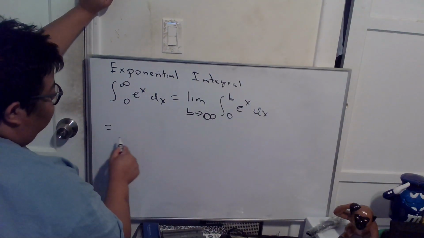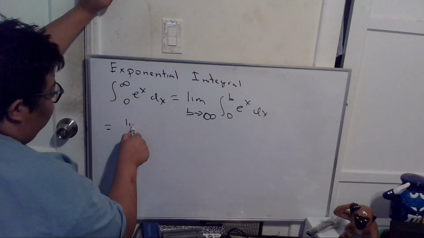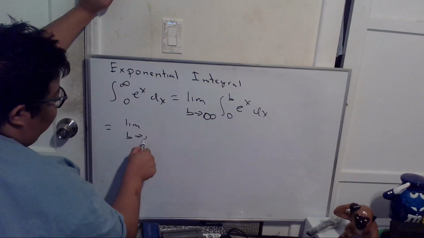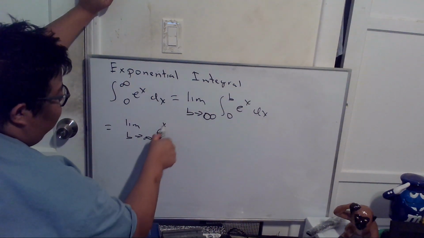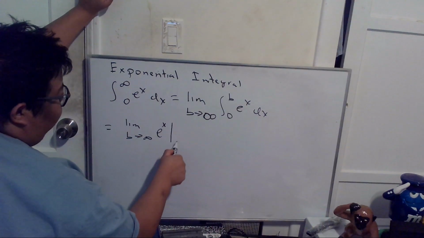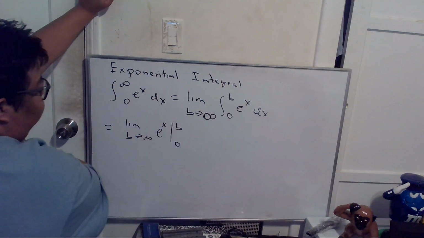So that's equal to the limit as b approaches infinity of the antiderivative of e to the x, which is just e to the x, going from 0 to b.